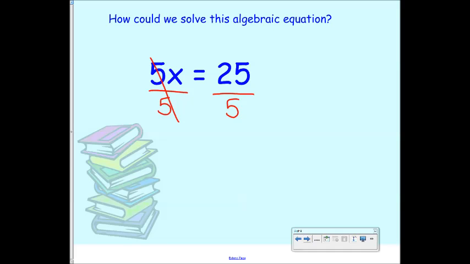So what's left here? 1x or just x because we just write x. And then what does it equal? 5. Very good. X is by itself. I'm done, right? I don't have anything else to do. So now x is alone, x equals 5. Just a quick mental check. 5 times 5 is 25. Okay, we're good. All right, so that's when we're solving with multiplication.